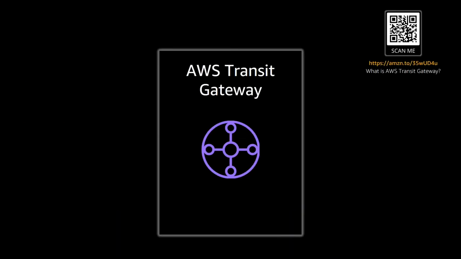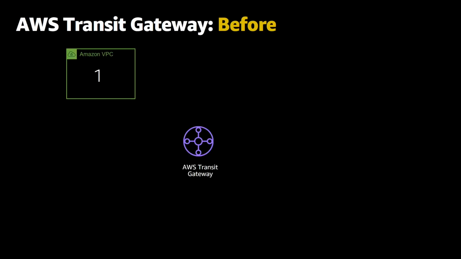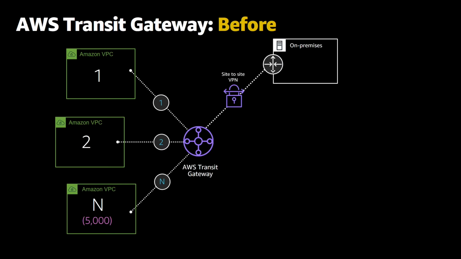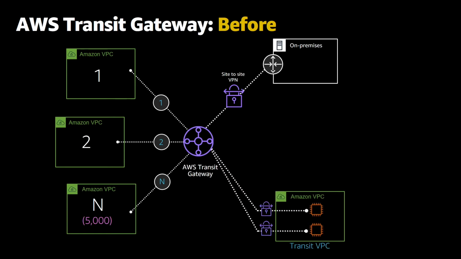All right, so transit gateway. Before, you had your VPCs, and you had attachments to all of these VPCs. You attach the transit gateway directly to the VPC, not to the VGW, by the way, up to 5,000. And then you have on-premises site-to-site VPN to the transit gateway. You have your VPC, maybe that's a transit VPC, and you do equal cost multipath to take advantage of the bandwidth on both tunnels, because each one of them is 1.25.